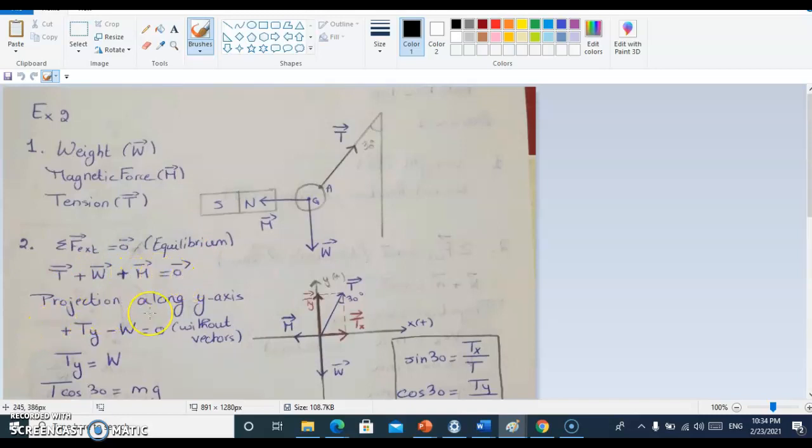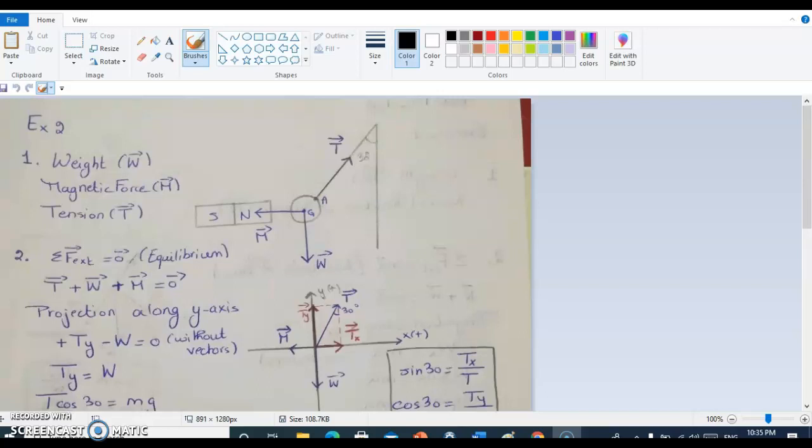Now, projection: why did we start with projection along the y-axis, not along the x-axis? It's not a rule that we always have to start with projection along the x-axis. The point is that if we just look at the problem before we start solving, try to solve it mentally.